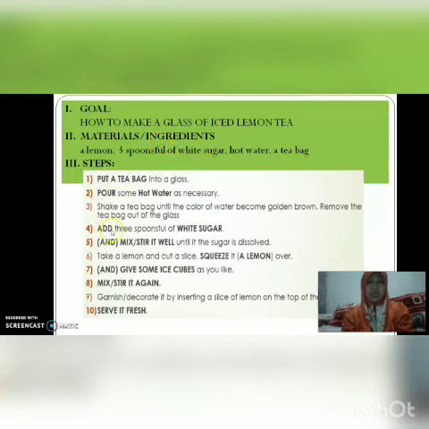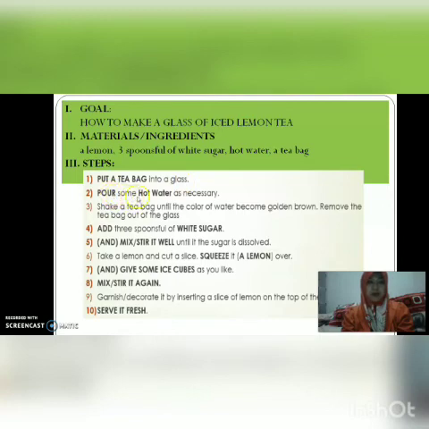Okay, here are the steps. There are 10 steps for making it. The first one, the bold one is an imperative sentence and also the material. Put a tea bag into a glass.